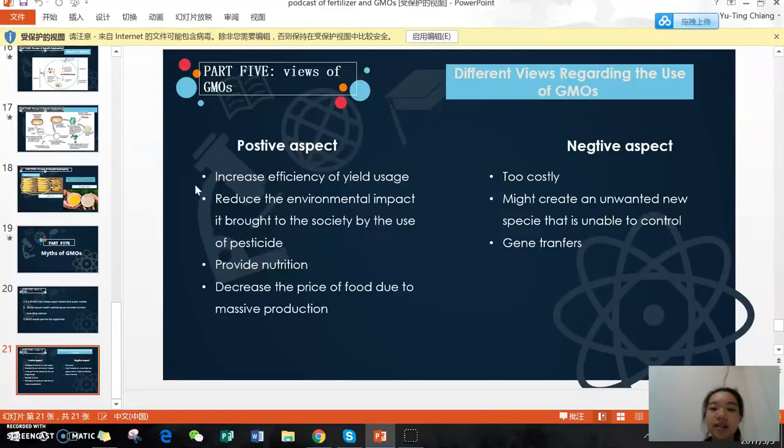As with anything, there are two sides, and society also has a negative aspect to it. First of all, the process of GMO costs a lot of money, including investigation and investment in the technology. Secondly, it might create unwanted new species that are unable to be controlled, which is not necessarily a good or bad thing, but it's that something is unable to be controlled.